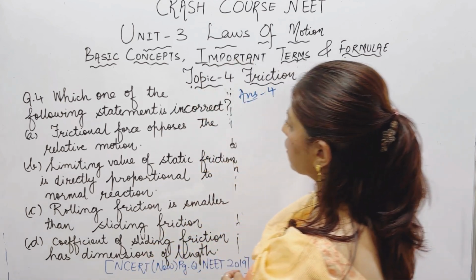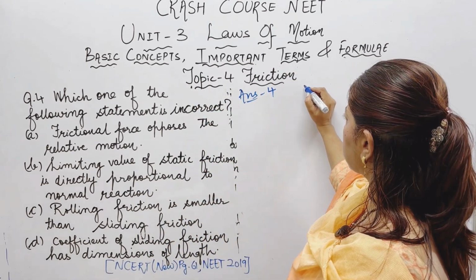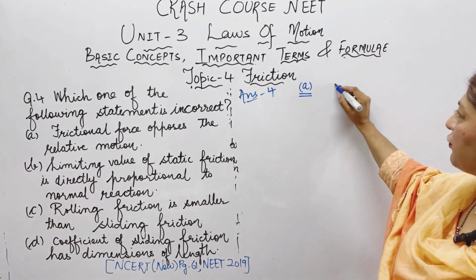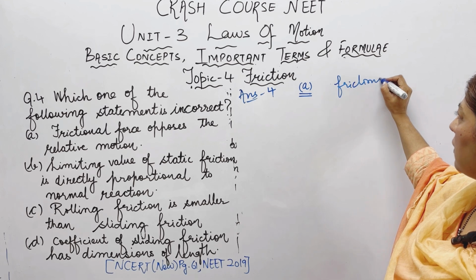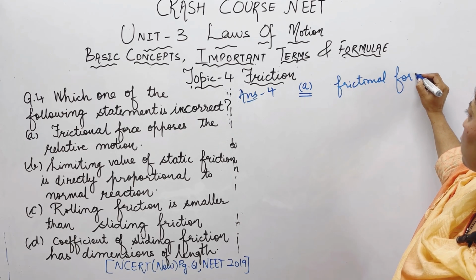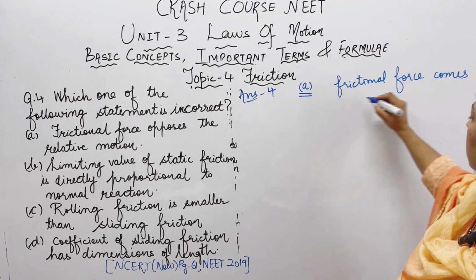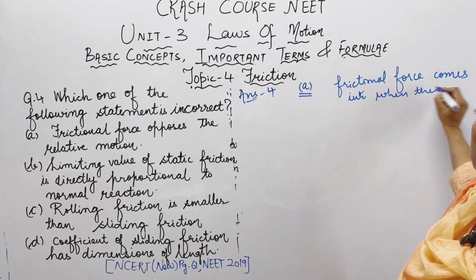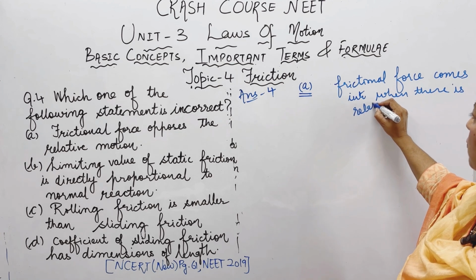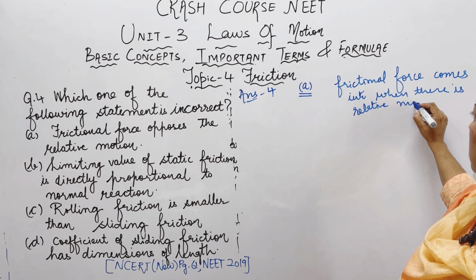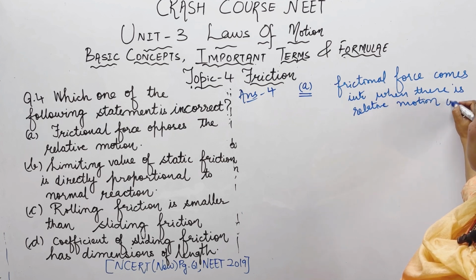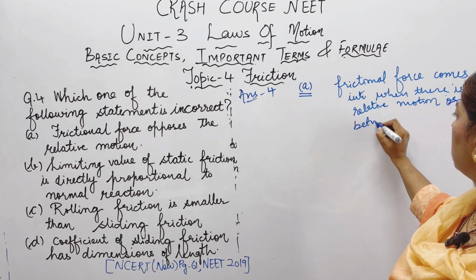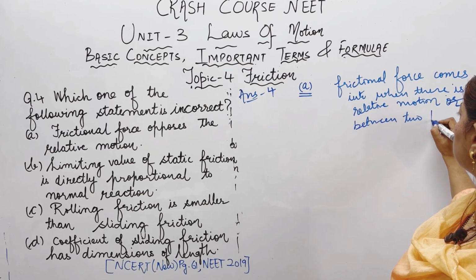Now if we see frictional force opposes the relative motion, if we are talking about option A, this is always true. Frictional force comes into play when there is relative motion between two bodies, or motion between two bodies in contact.